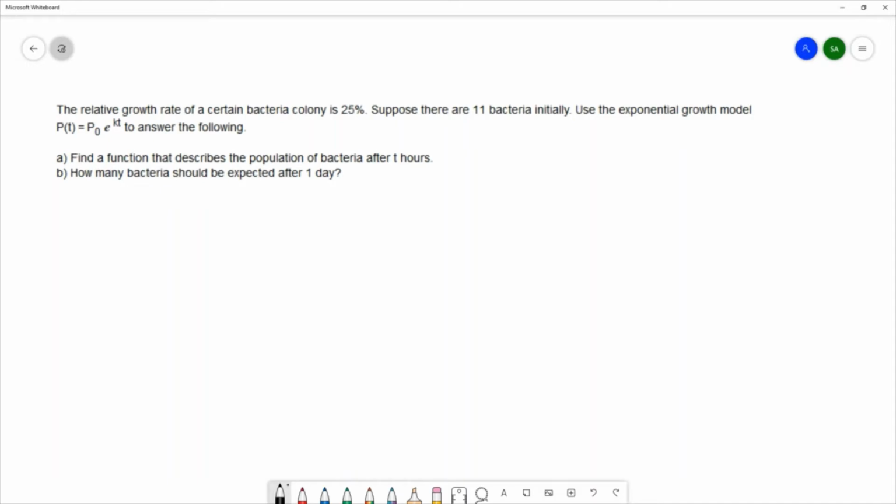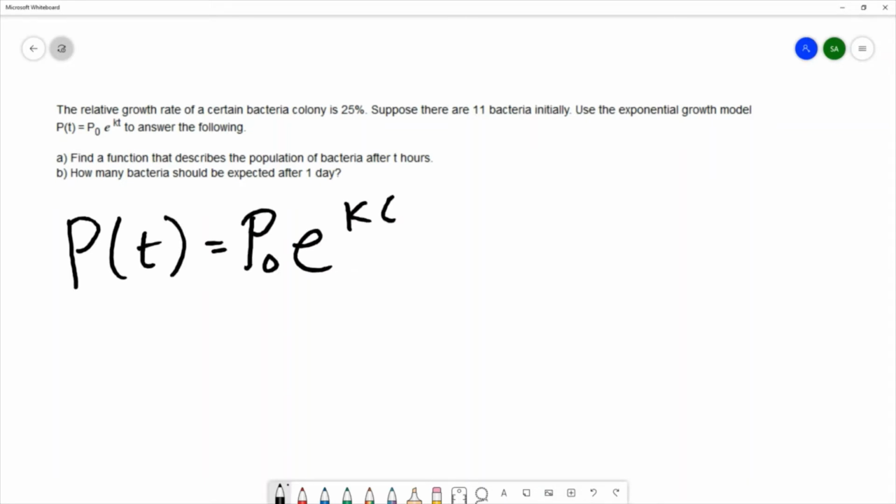So we're given this model for exponential growth, P of t equals P naught e to the kt. We need to understand the pieces of this model. The P naught is our initial population, so the population at the beginning.